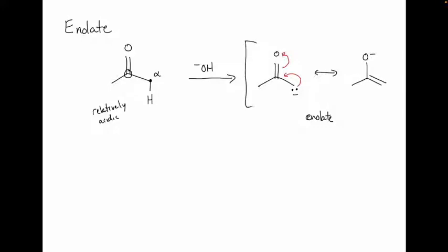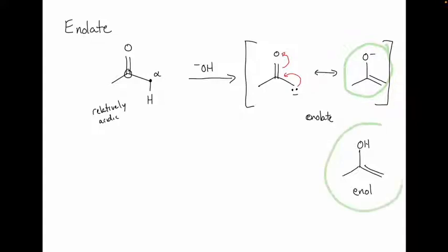These two structures are in resonance with one another. Let me just draw. We said that this was an enol. Notice that my enolate is the same thing, just with that hydrogen removed, forming that negative charge on the oxygen.